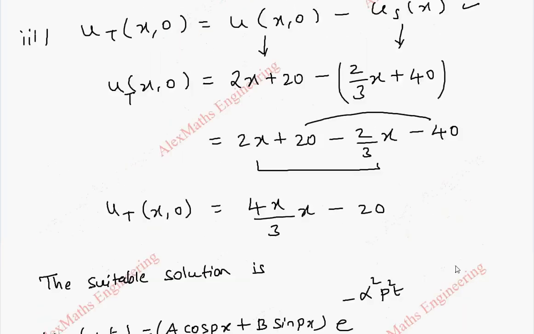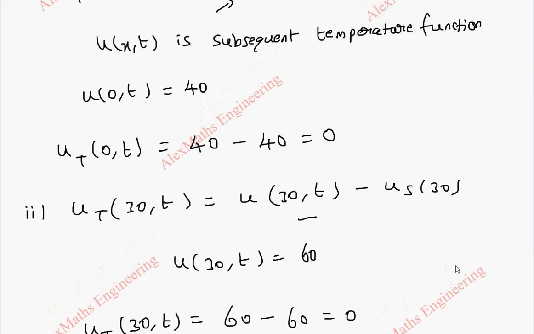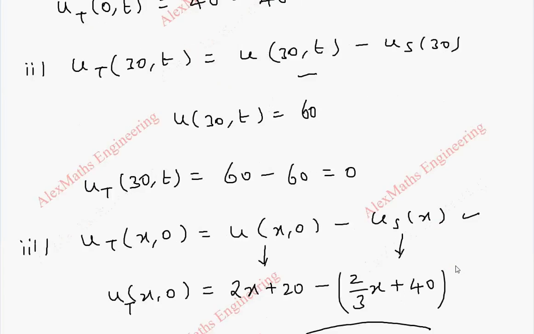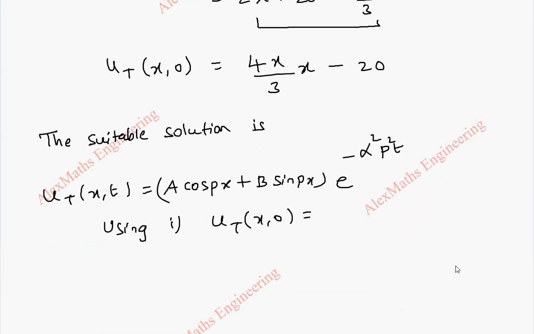So here we have u(0, t), which is 0. We are going to use the first condition, and this is 0. Wherever x is there, I have to put 0 because it is at the end.